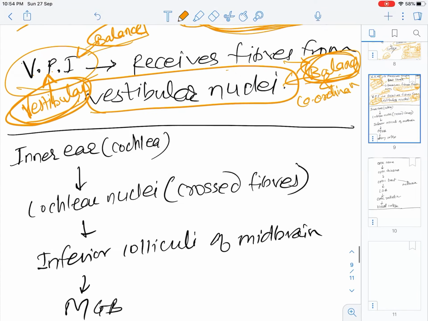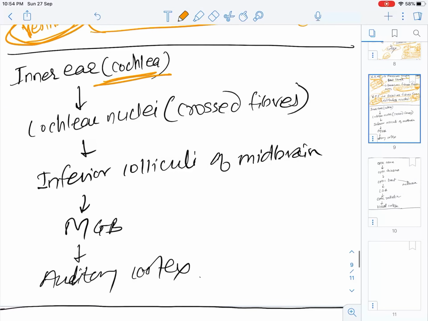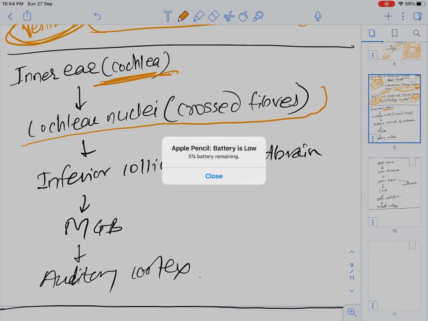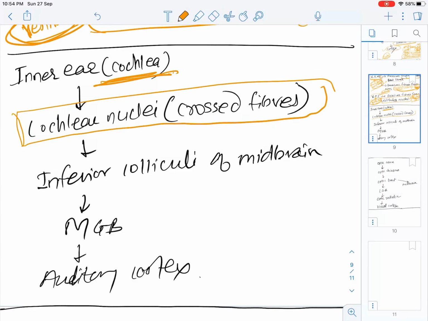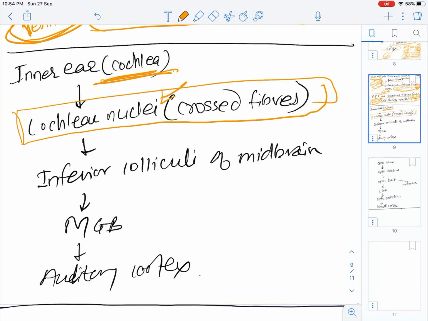So what is auditory pathway? I will tell you. From cochlea of the inner ear, it goes to the dorsal and ventral cochlear nuclei. Dorsal and ventral cochlear nuclei have crossed fibers. Right goes to left, left goes to right, they exchange fibers. From there it will go to inferior colliculi of midbrain, and what is above the midbrain?